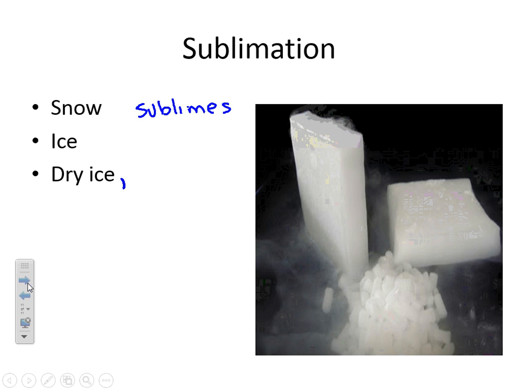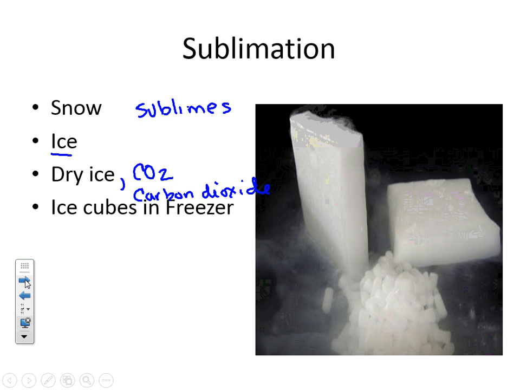So dry ice, you could write CO2 if you're familiar with carbon dioxide, or you could write carbon dioxide. Ice also sublimes. If you've ever put ice cubes in the freezer and then maybe forgot about them, or they got way to the back, and you look at your ice tray and you're like, there's hardly anything in there. So they freeze, and then they've been left there so long that the ice has just turned to a gas. It's sublimed. And that's the end.